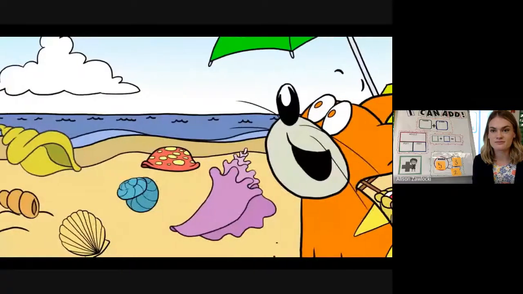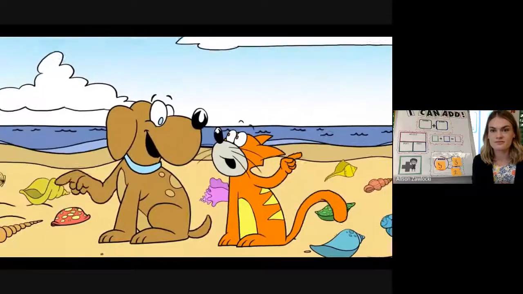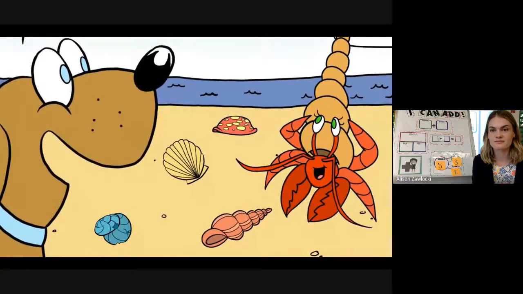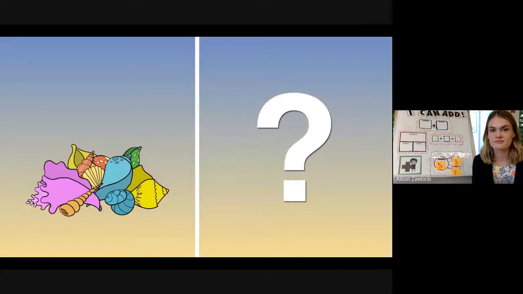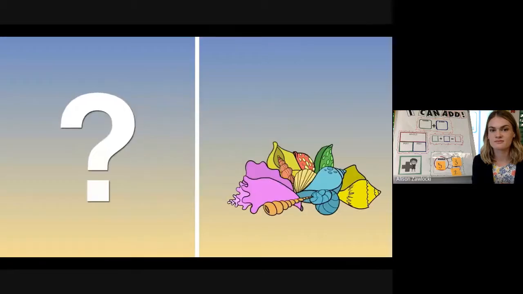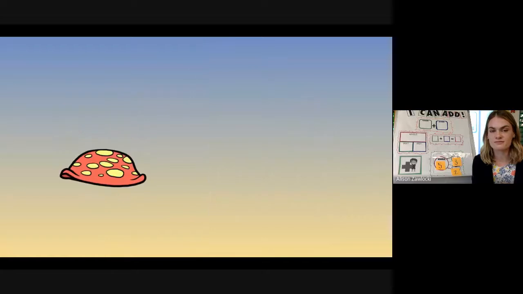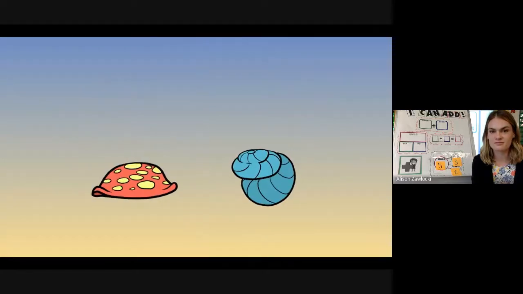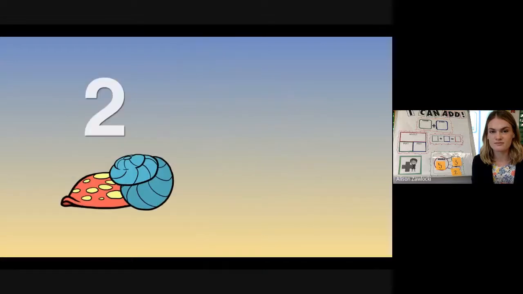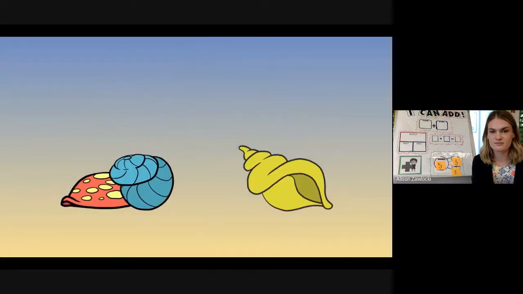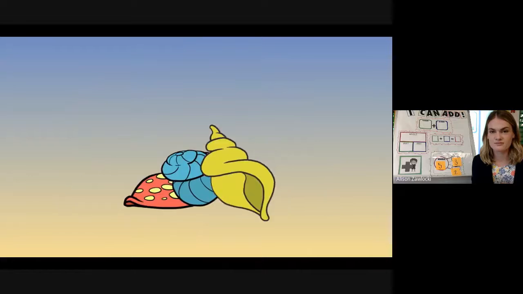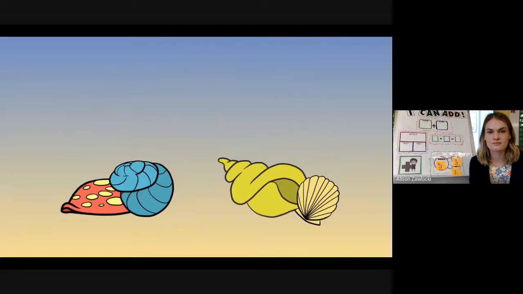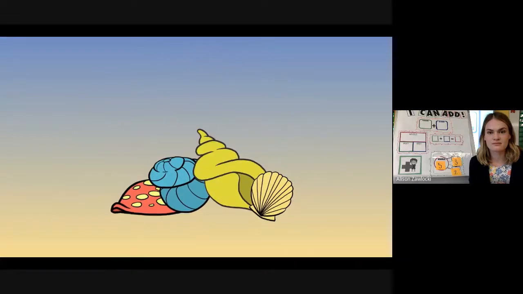Seashells on the beach. I see seashells, so many seashells here. How many have you got? Come on. How many have you got? I've got 1, you've got 1. 1 and 1 is 2. I've got 2, you've got 1. 2 and 1 is 3. I've got 2, you've got 2. 2 and 2 is 4.